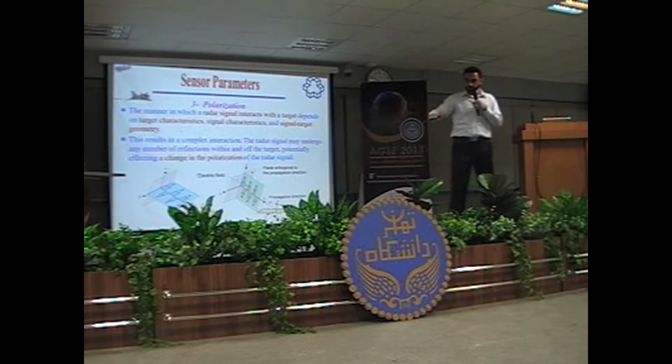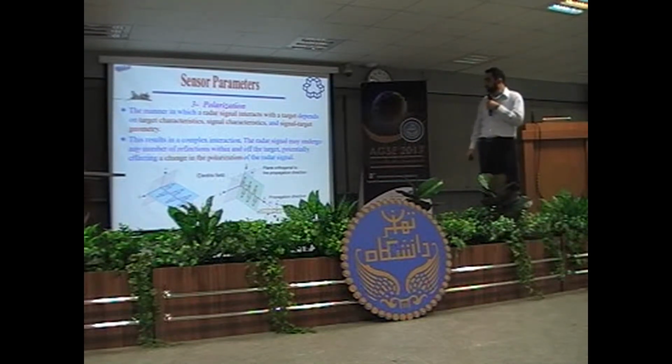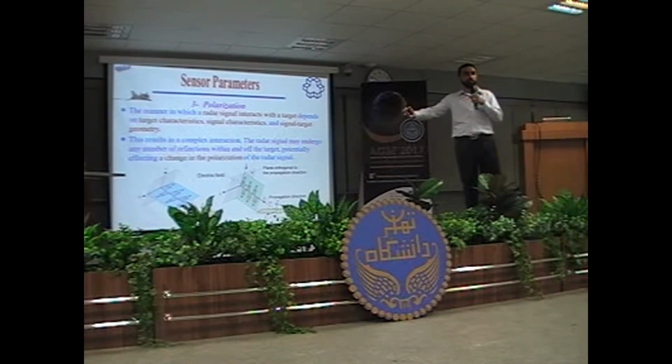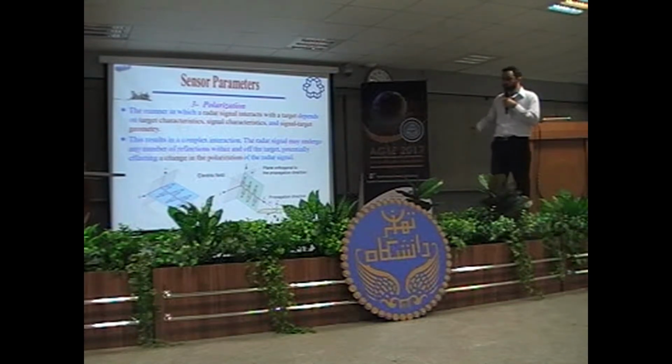So the direction that the signal is transmitted to the ground is called polarization. Here you can see this is the horizontal polarization, and this is called the vertical polarization. When you use different polarizations, different kinds of interaction on the objects happen, and different amounts of backscatter come back to the antenna.